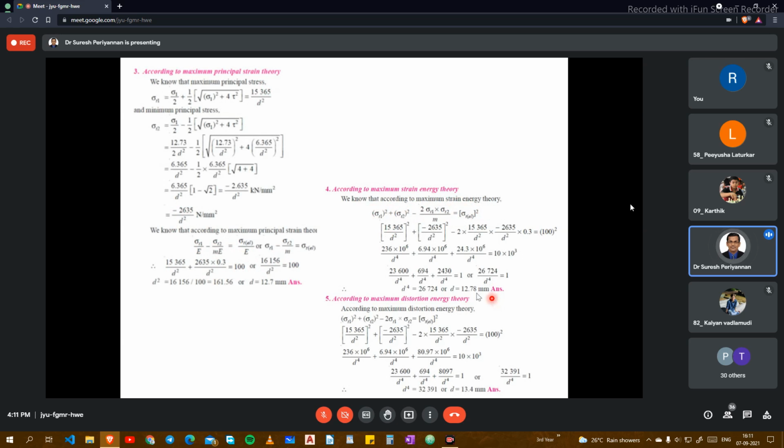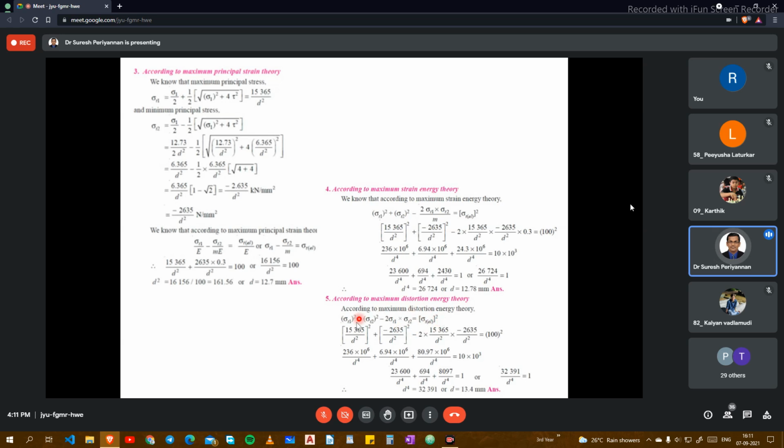12.878 mm. Now I come to the last theory, the maximum distortion energy theory. See here, these two formulas are almost the same. Only you have to remove mu, because in the maximum distortion energy theory we have already discussed: sigma 1 squared plus sigma 2 squared minus sigma 1 sigma 2 is equal to the right-hand side, the standard specimen stress value, now in the form of permissible stress value.